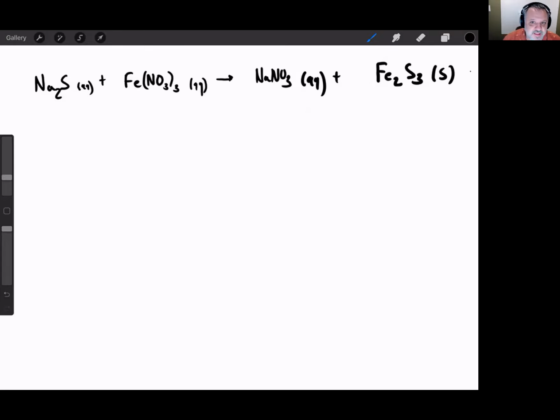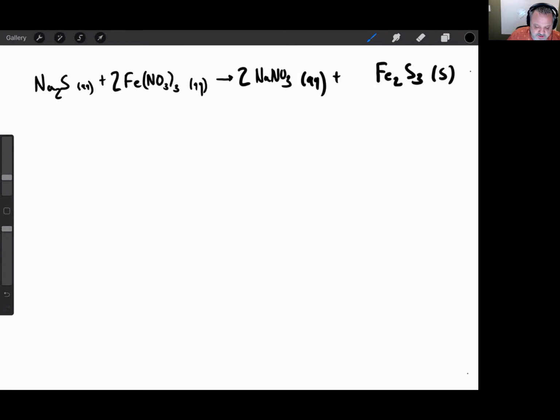Let's do the balancing part. So let's see, 2 sodiums, 2 sodiums, good to go there. Iron 2, oh, I got 2 irons, so that goes there. Oh man, now I messed up mine. Oh boy. Well, I got 2 irons, 2 irons.